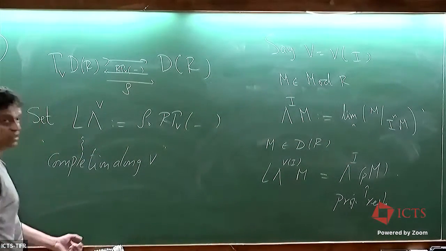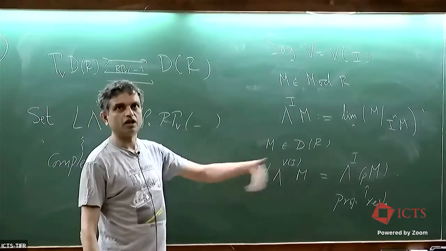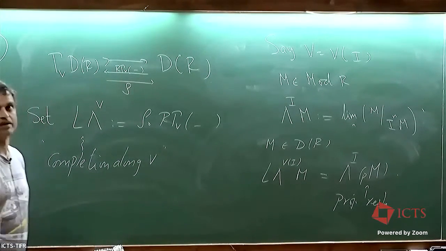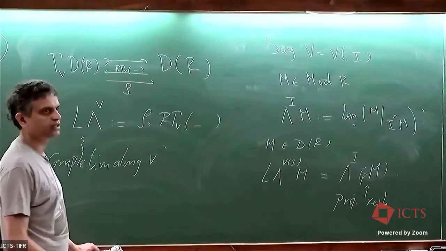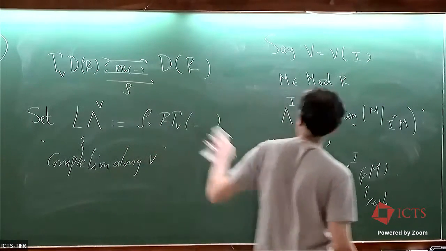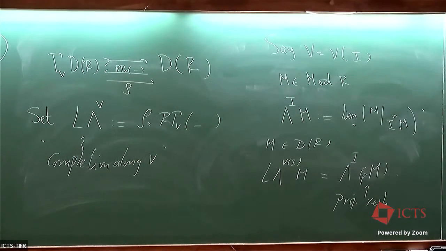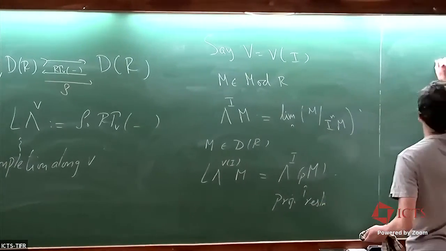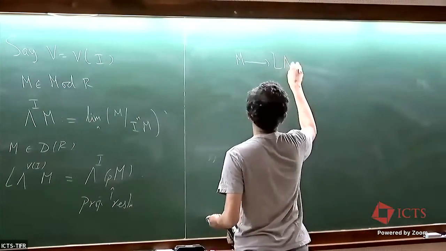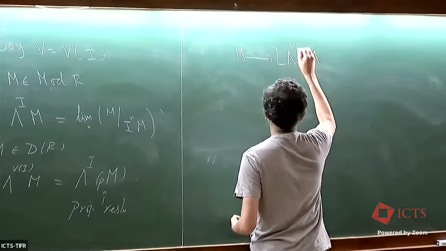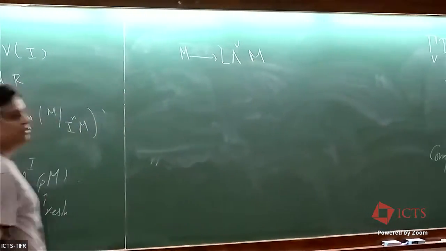So this functor here is the derived completion along I in the sense of Greenlees-May, the left derived of the completion functor. And just by the fact that you have this adjoint pair, we get a map from M to this.